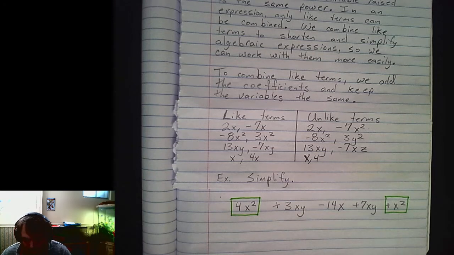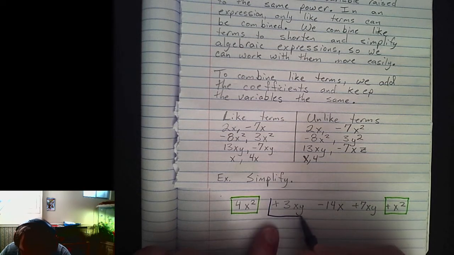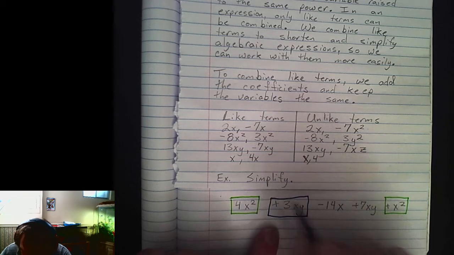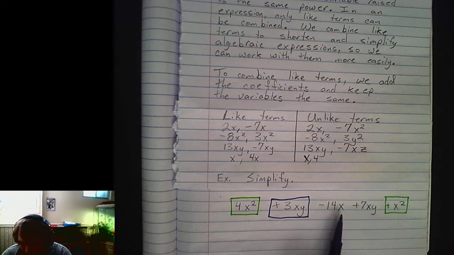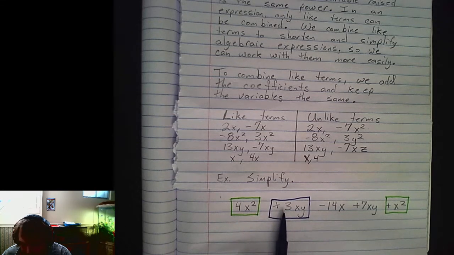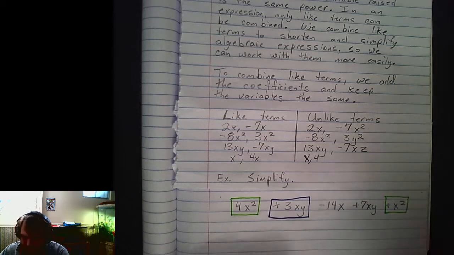Okay. Then let's go ahead and identify the next like term. So we have positive 3xy. Negative 14x, is that a like term to positive 3xy? No, it needs a y after that x.